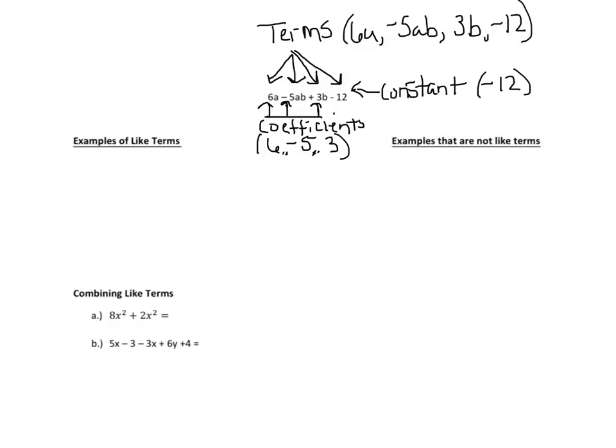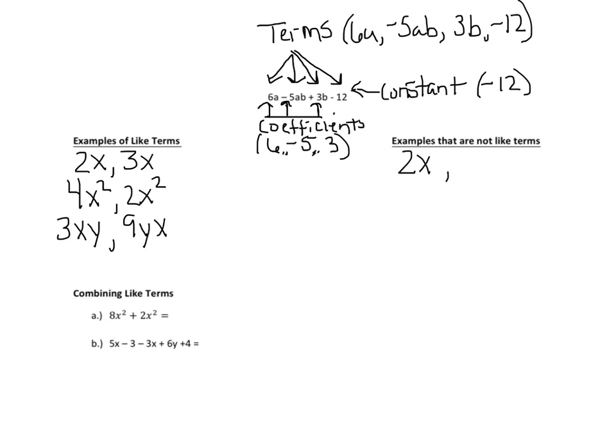Now we're going to look at some examples of what we call like terms, and like terms have exactly the same variable factor. 2x and 3x are like terms. 4x squared and 2x squared are like terms. 3xy and 9yx are like terms. Examples that are not like terms: 2x and 3x squared.